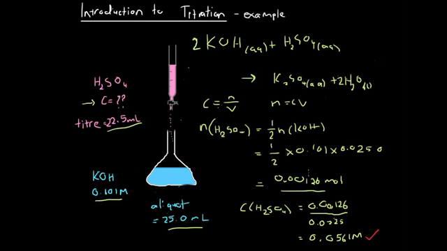So what we've done is we've used a pipette to get exactly 25 milliliters of potassium hydroxide standard solution with a concentration of 0.101 moles per liter into this conical flask. We've filled this burette with sulfuric acid with an unknown concentration. We've checked the volume using the measurements on the burette.